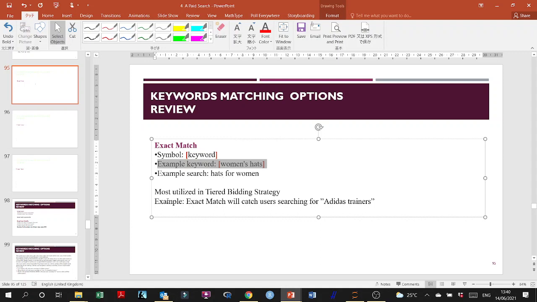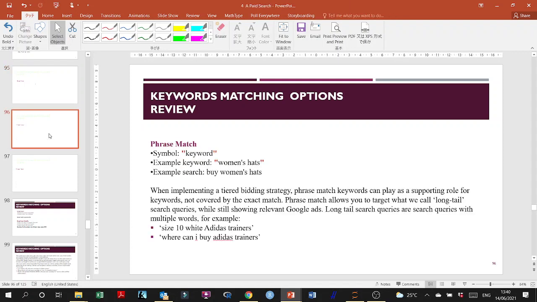For example, most utilized in a tiered bidding strategy, an exact match will catch users searching for Adidas trainers, or trainers from Adidas, but not Nike or trainers in general.